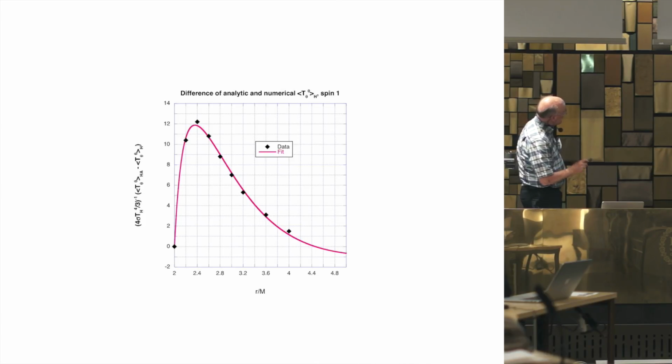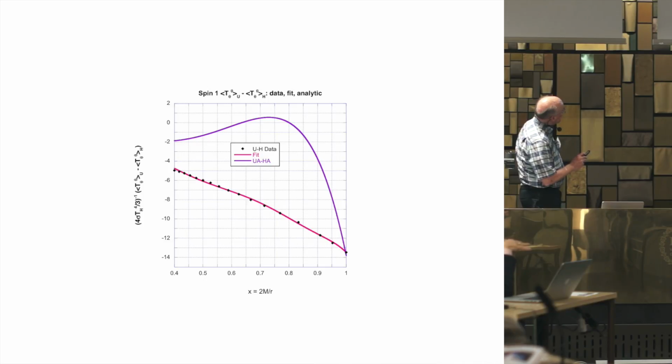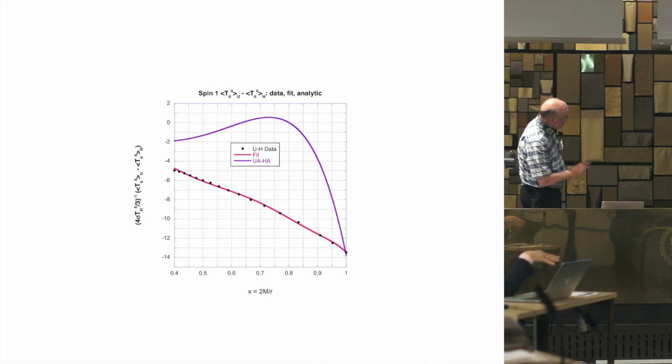With that caveat, you've got a reasonable fit. And then finally, for the spin 1 difference of Unruh and Hartle-Hawking, here I'm showing the data points I've extracted from the graph and my numerical fit, and then this is the difference of the analytic findings.